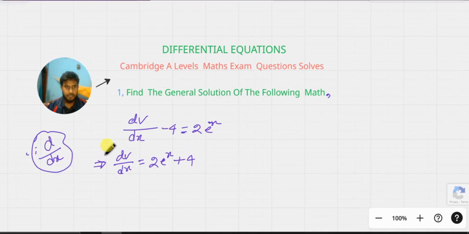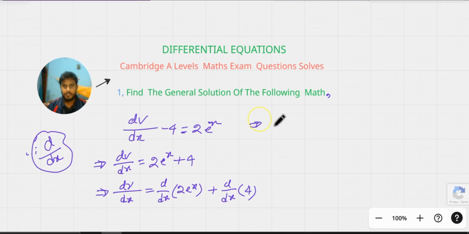Now we will apply the differential operator on the right side. dv/dx equal to d/dx of 2e^x plus d/dx of 4. We know that if we get any number, the number will come outside.